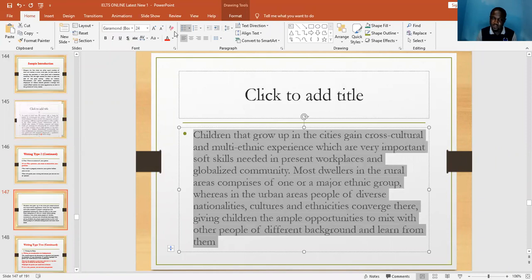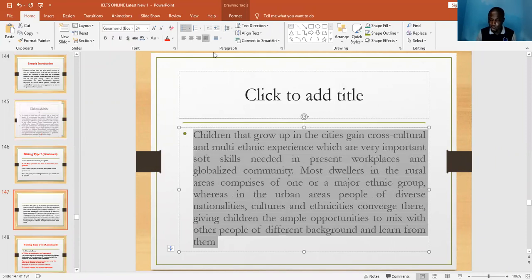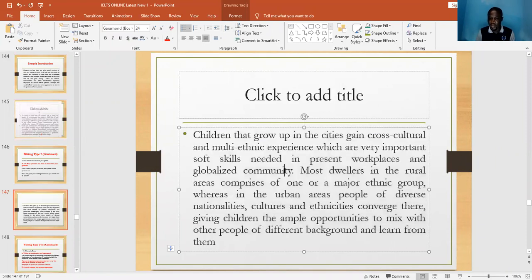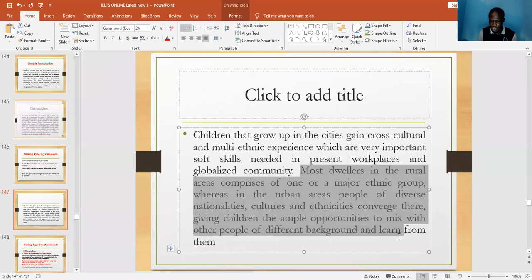So I have illustrated my points by what I mean by the fact that they gain multi-ethnic and cross-cultural experience. I said most dwellers in the rural areas comprise one major ethnic group. Then I compared, and one of the things you need to note that is needed in your IELTS is a complex statement like this.